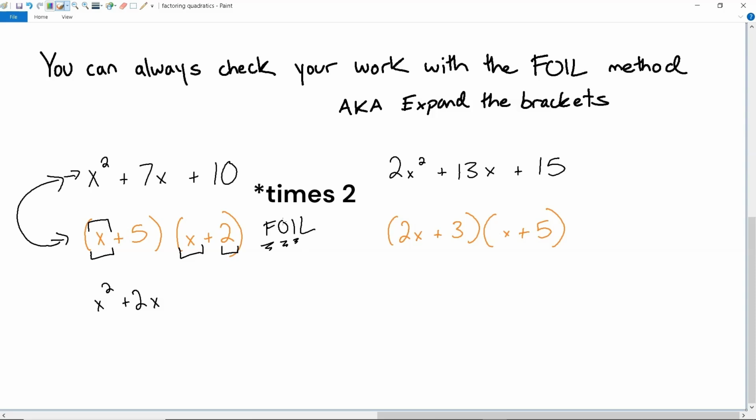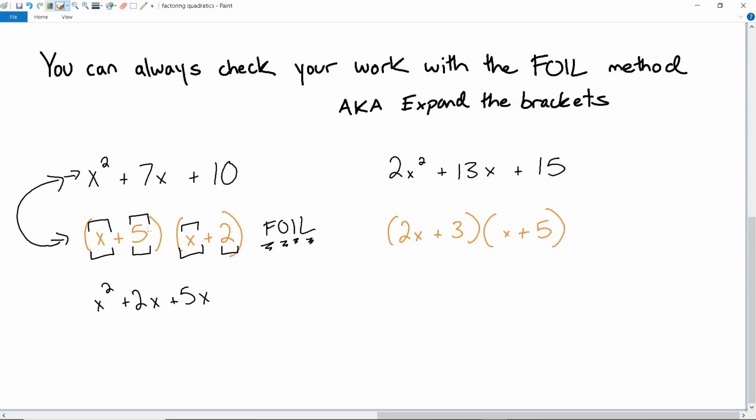Now we're on to I, which is inside terms. So those are the terms right next to each other between the first bracket and the second bracket. So we're looking at the 5 and the x over here. 5 times x is 5x. And then finally, L is for last terms, which is the last term in each bracket.